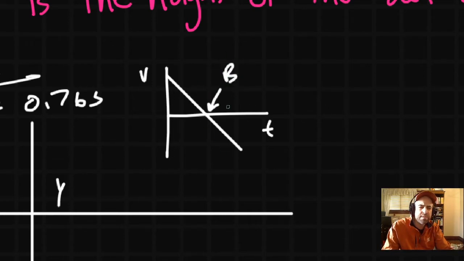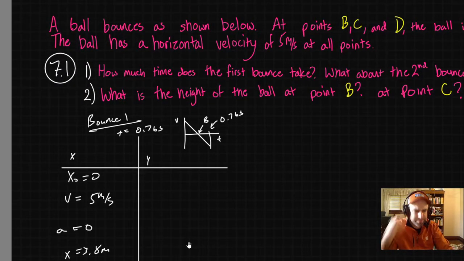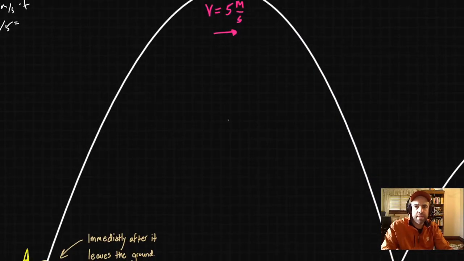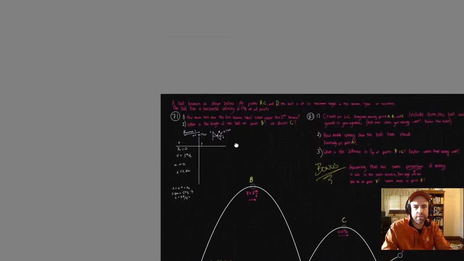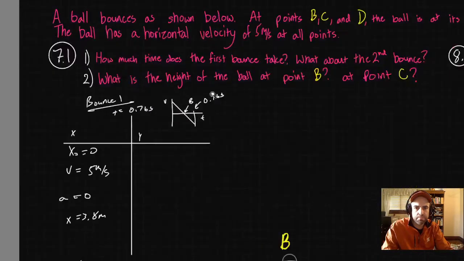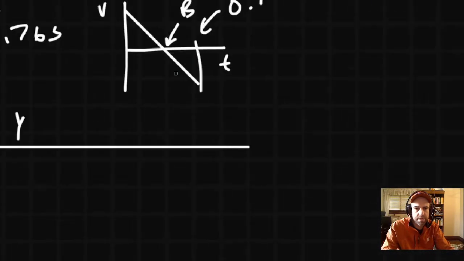That must be spot B. So if this whole bounce is 0.76 seconds, it must be at spot B in half the time. It's a parabola, and parabolas are symmetric. The apex of the parabola will always be at the center of it. So we have this 0.76, and this must be then at 0.38.